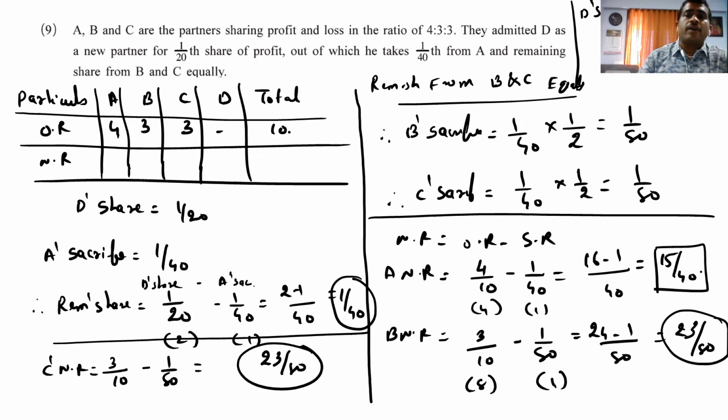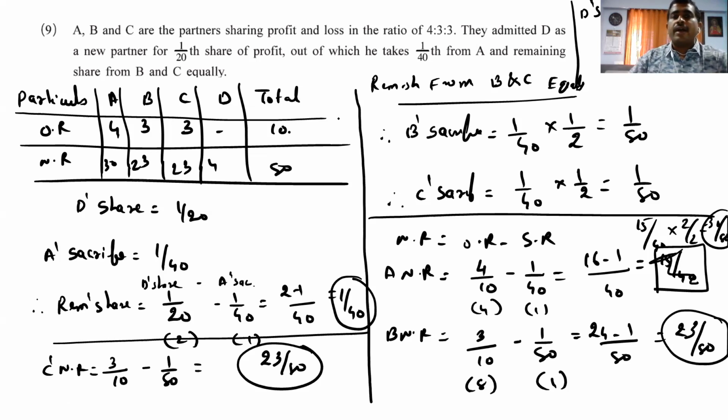And A's 15 by 40, multiplying by 2 by 2, is 30 by 80. So our new ratio comes to 30, 23, again 23, and again 4. Total comes 80. So clear to you, friends?